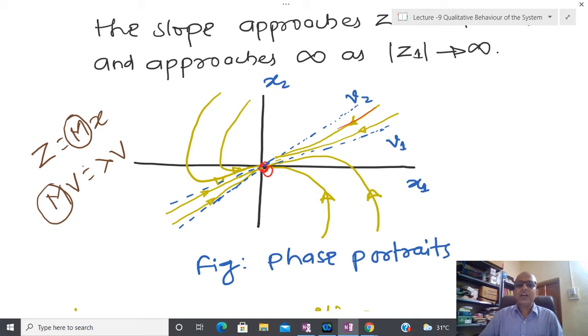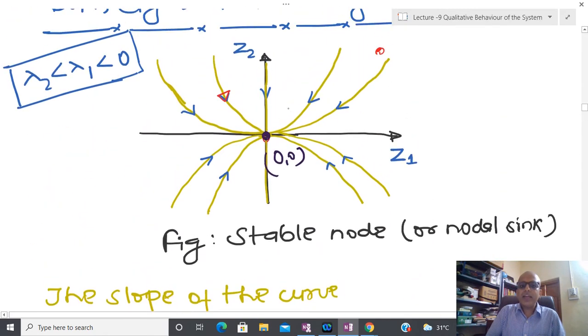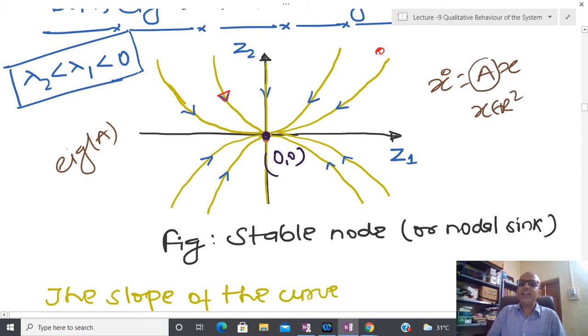So in the previous class we found that the behavior is like this if both eigenvalues are negative, and this eigenvalue is nothing but the eigenvalue of A, which is this matrix A. If you have a linear system and you have to talk about stability, meaning behavior near the equilibrium point, here we are able to plot the graph in the whole space.